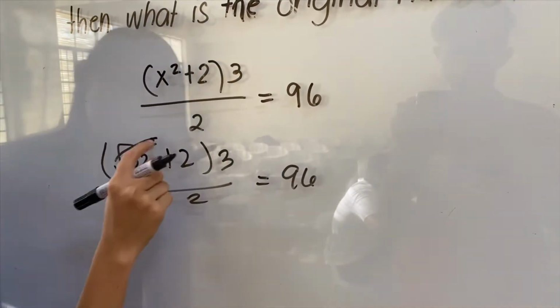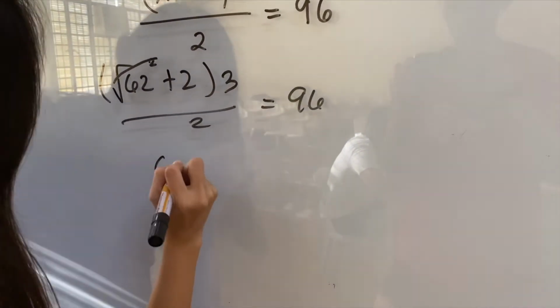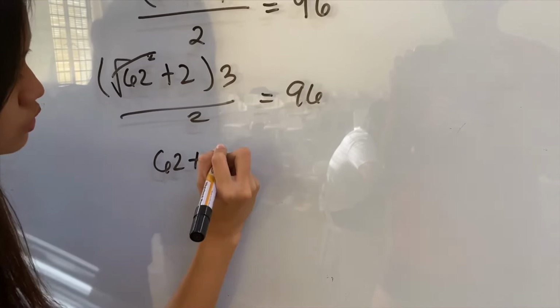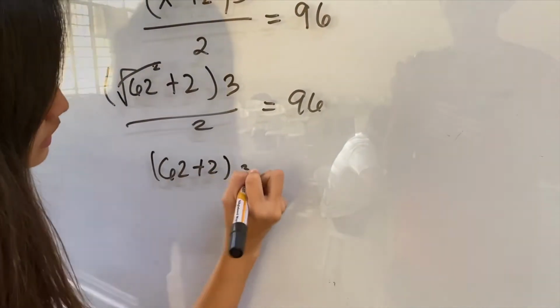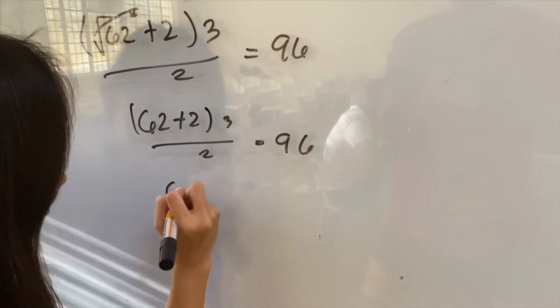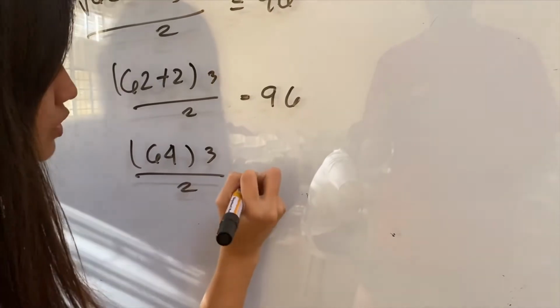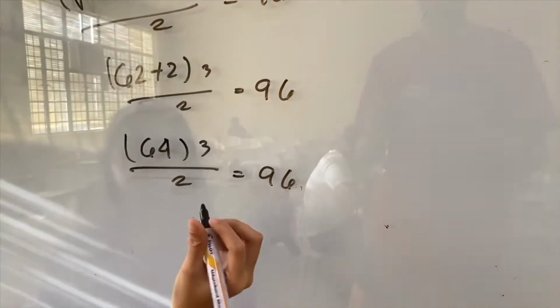Cancel the square root and the square. So we're going to have 62 plus 2 is 64, times 3 over 2 equals 96.